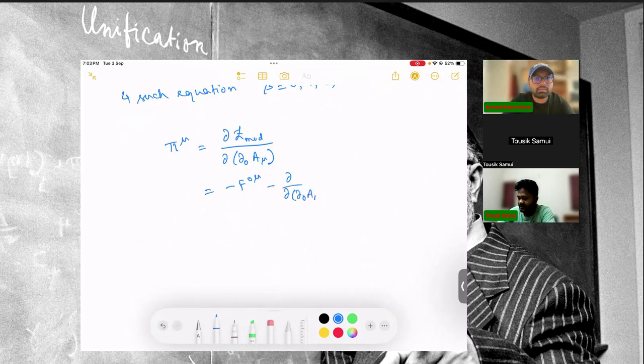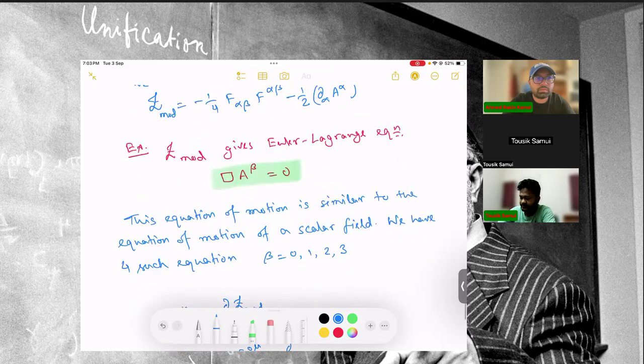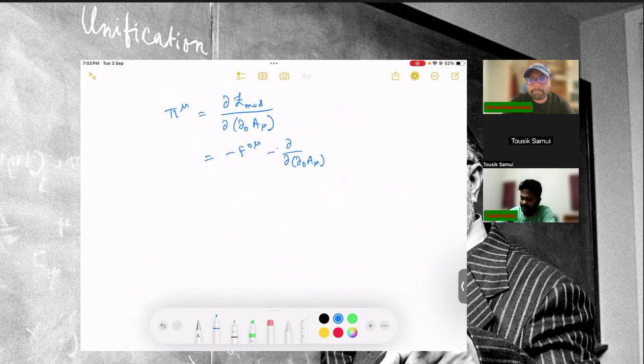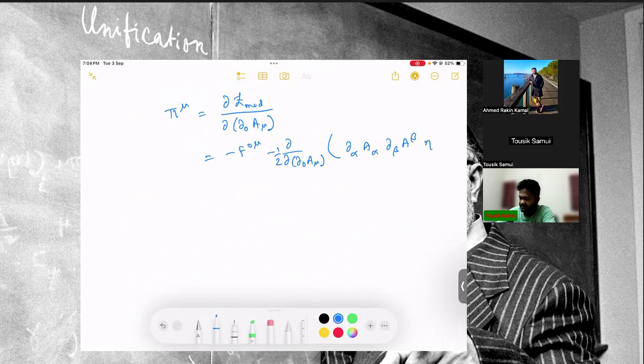So it will be ∂_0 A_μ. Now we will have the term half comes here, and then we will have ∂_α A^α ∂_β A^β. Now what we have to do is lower these indices. So we have to introduce the eta metric so that we can lower the index.